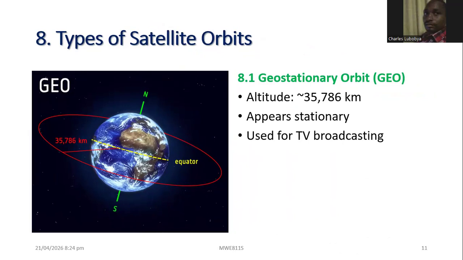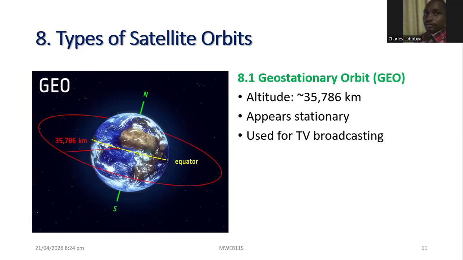We have what is known as a geosatellite. This is essentially a geostationary orbit satellite. It's usually launched at an altitude of close to 36,000 kilometers from the center of the Earth, and it's usually launched along the equator.